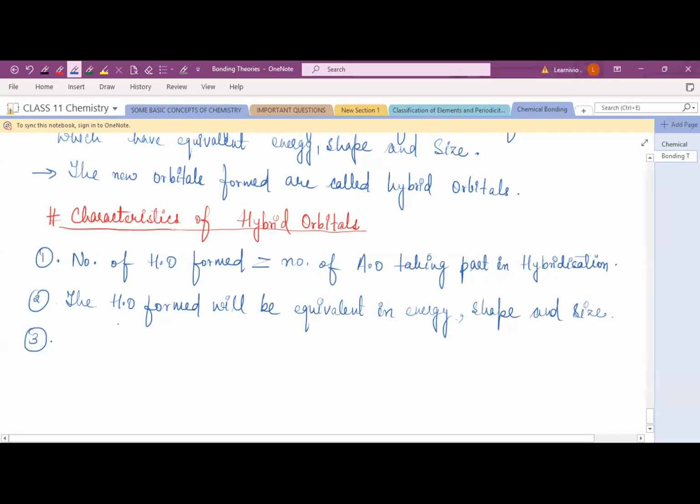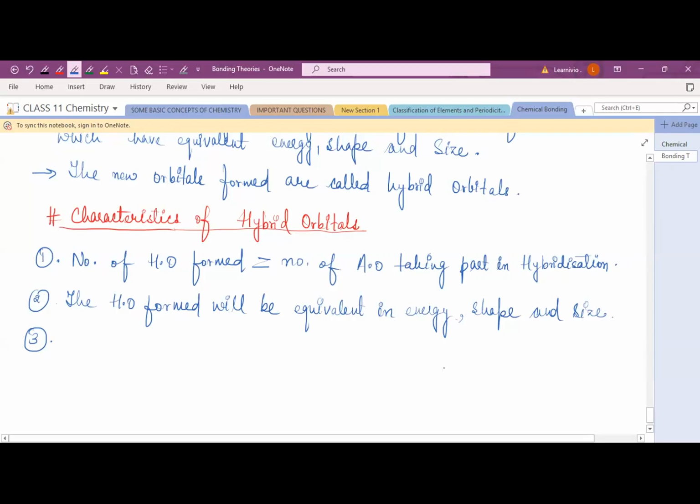So what is the importance of hybridization? When hybrid orbitals are formed, they are arranged in such a way that the repulsion between the orbitals is minimum. वहां पे ऐसे इस तरह से अरेंज किया जाता है, the orientation of hybrid orbitals is such that they feel minimum repulsion. Okay, and the distance between the orbitals is maximum. The distance between the orbitals is maximum, and they feel minimum repulsion.